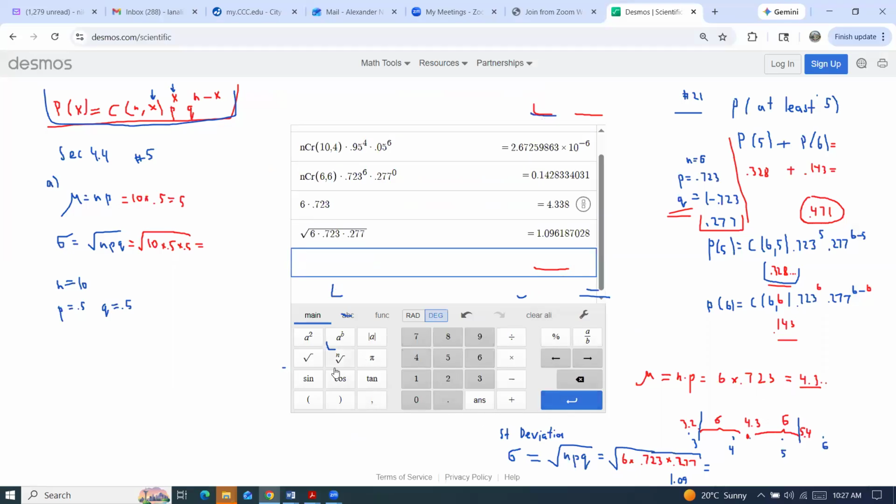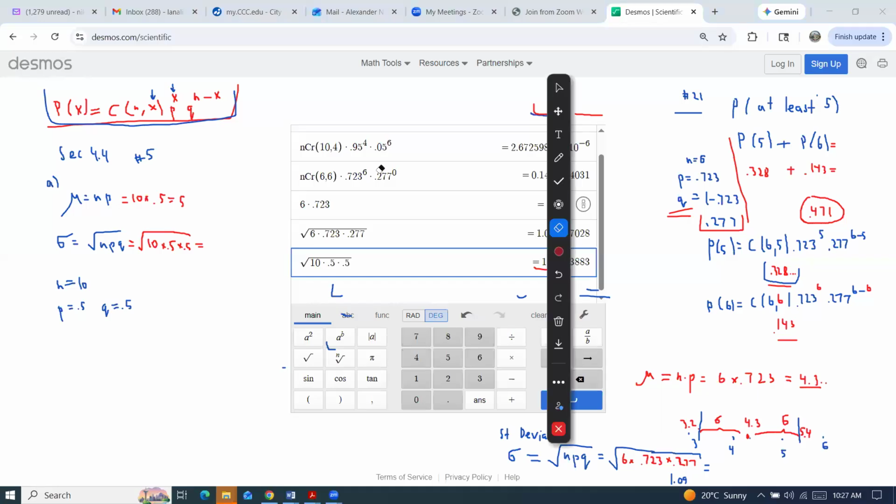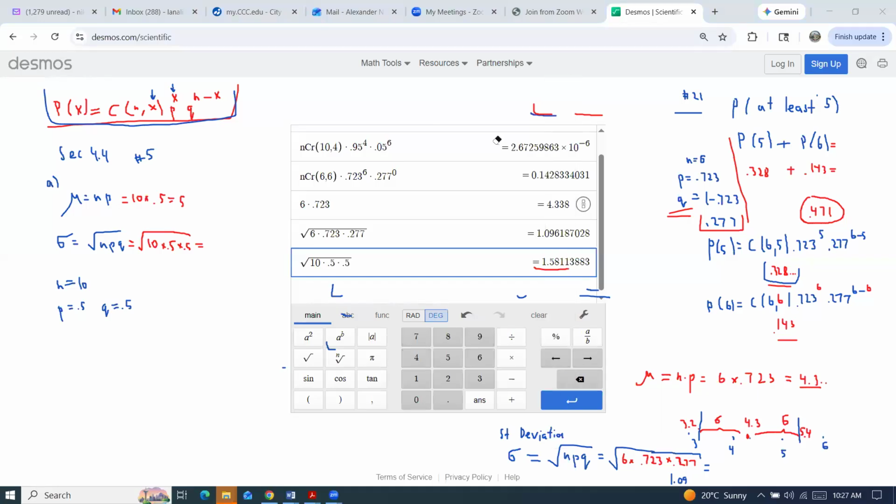So extracting the square root of 10 times 0.5 and then times another 0.5. And we get some kind of decimal that we will be using to see how far away we are, to approximate where we actually expect it to be.